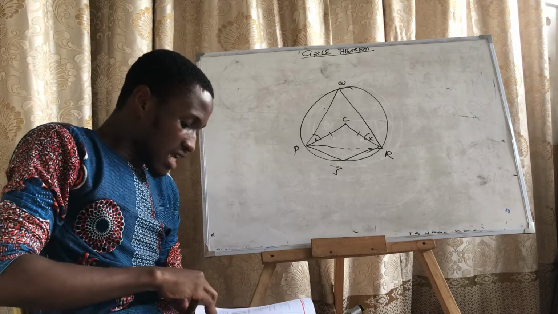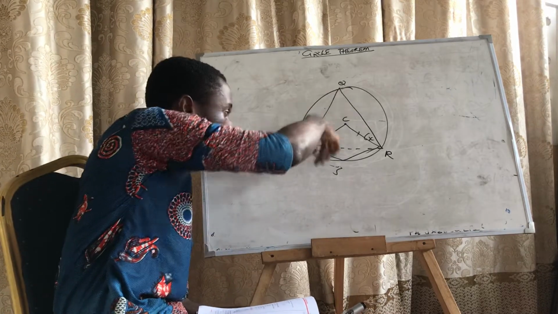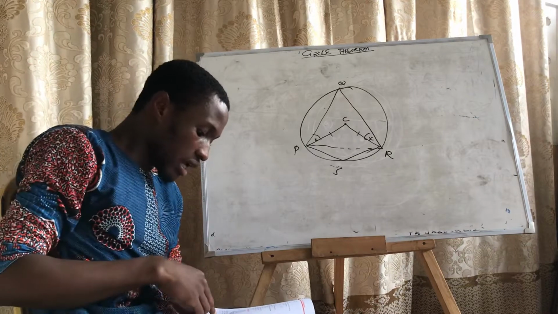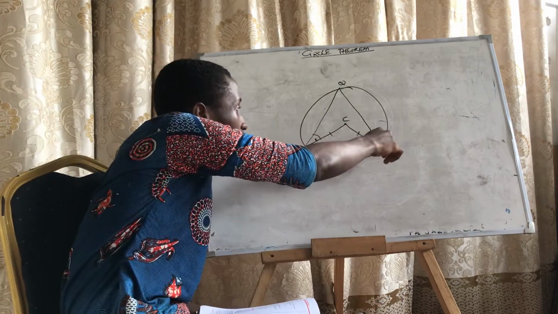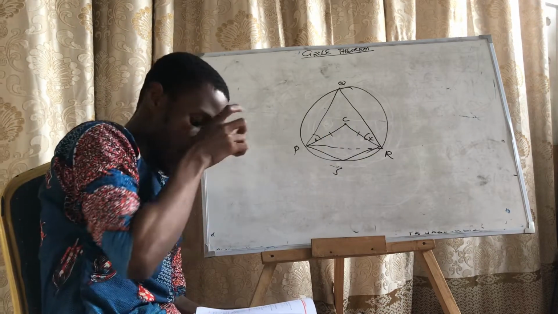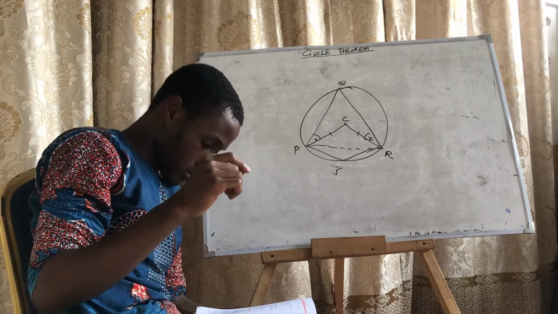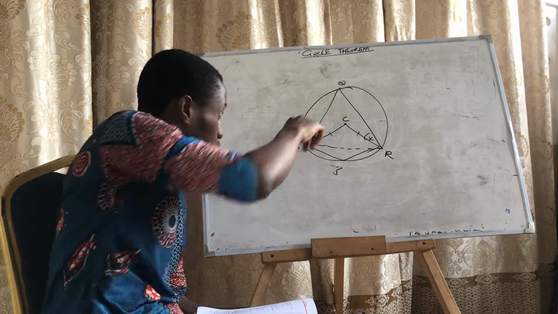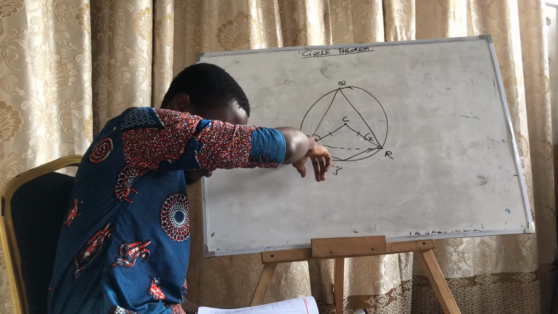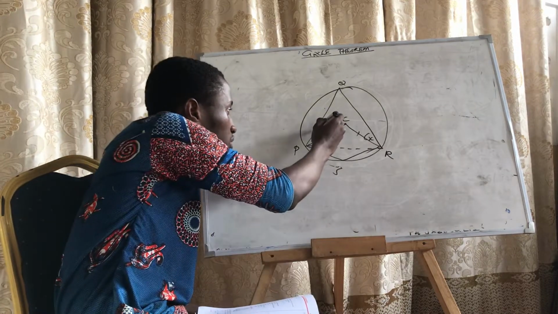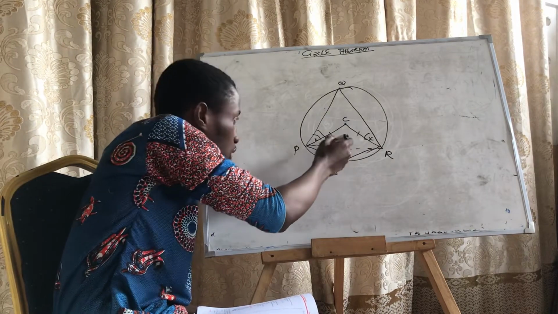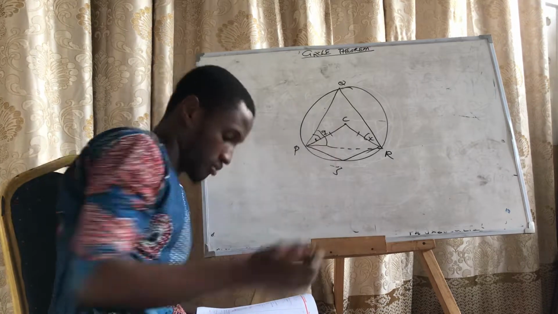Now, they said that PQRS is a rhombus. And angle CRQ is X. And angle PQR, the whole of this PQR, they are saying is Q. Okay.